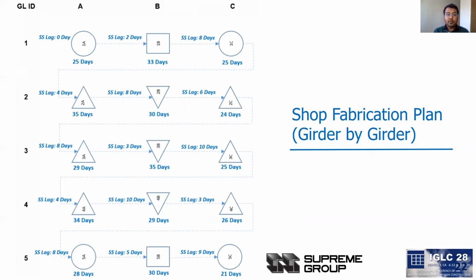It is automatically predicted by running the virtual plant simulation, and they can change in a different setting or sequence you want. So here you can see that the duration and the start and finish schedule are different for each type of girder.